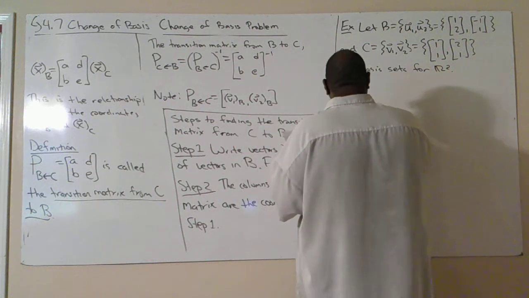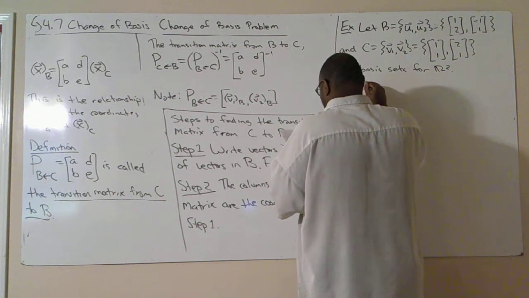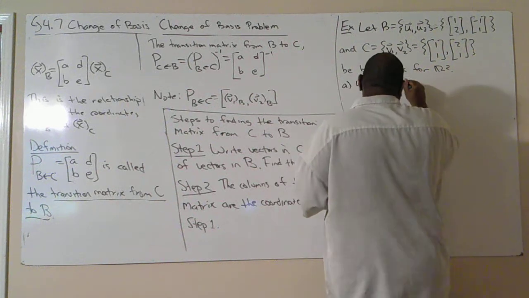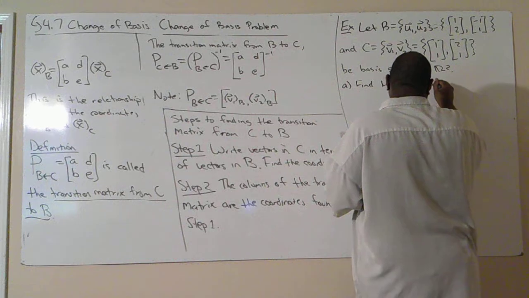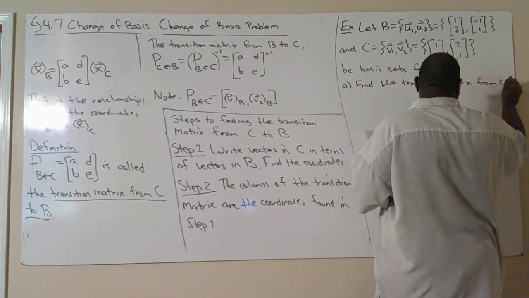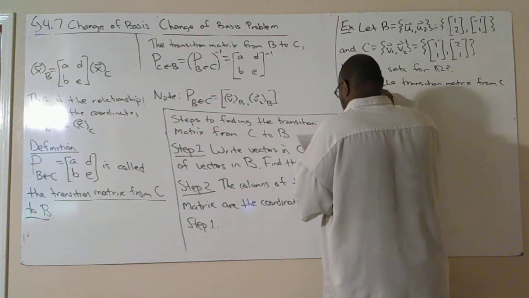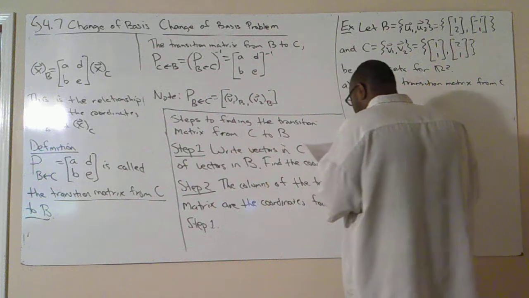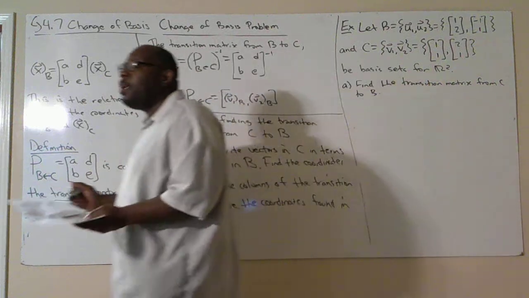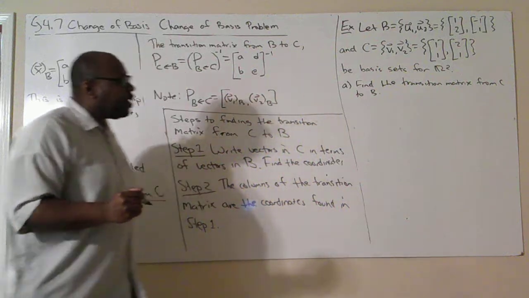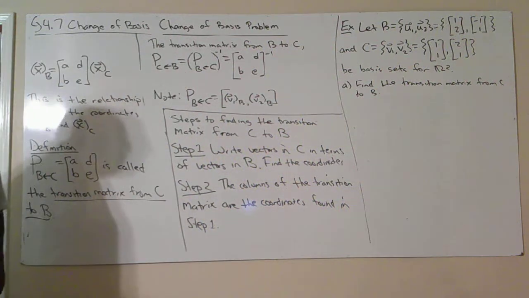And I want to find the transition matrix from C to B. So this is part A, and then we'll do part B in just a second.